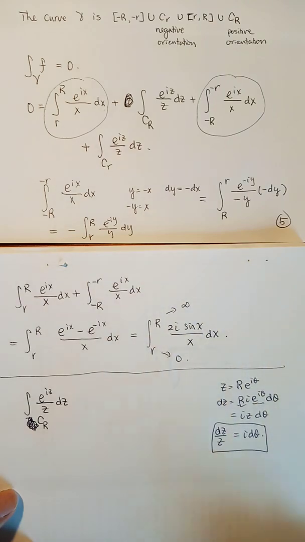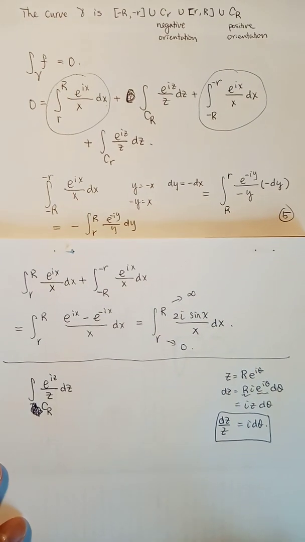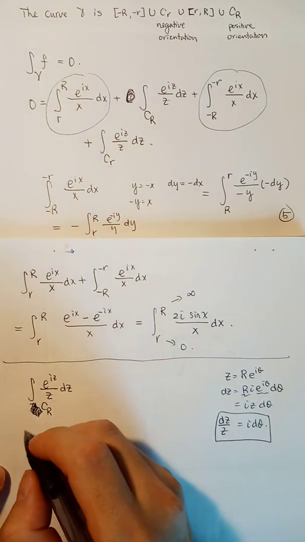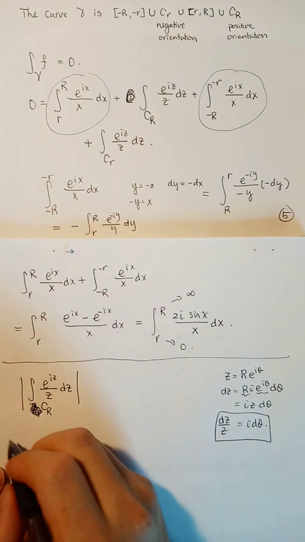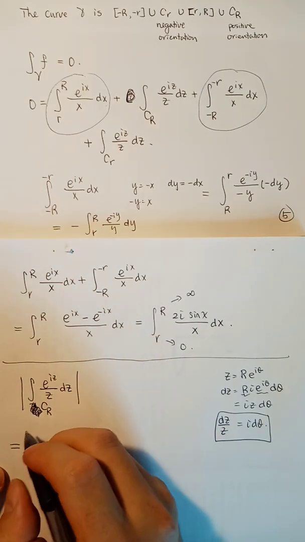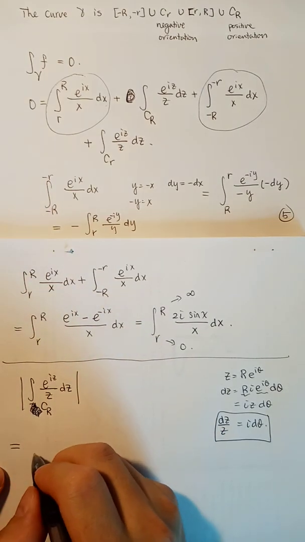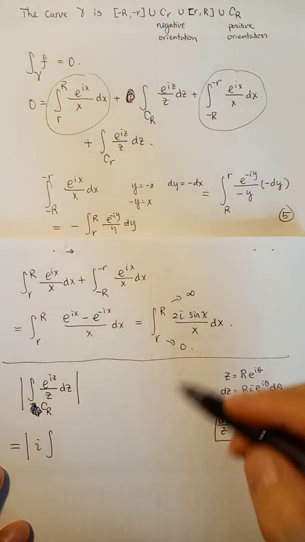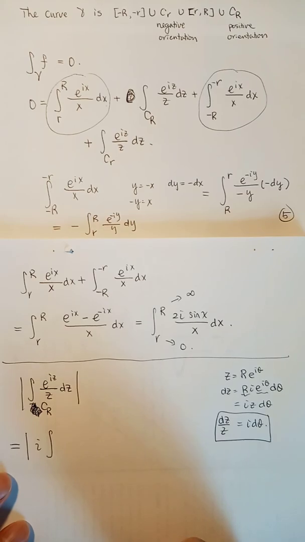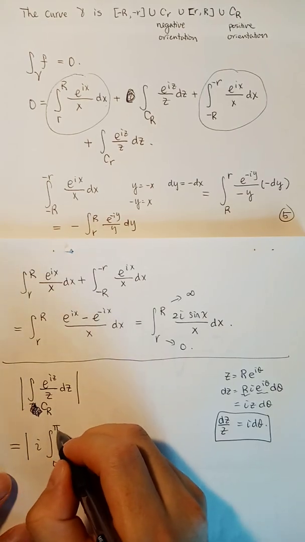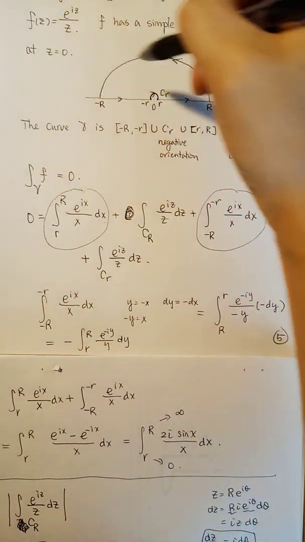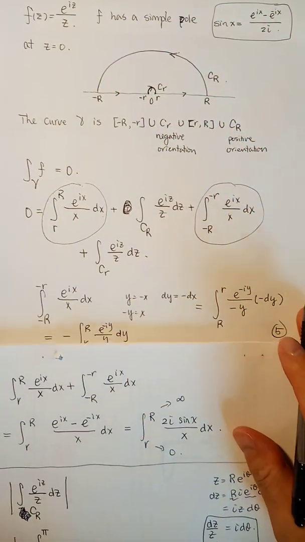This is a fixed setting. So if we put in absolute values, it's going to be i times the integral. It's a positive orientation, from 0 to pi. Upper semicircle, the argument is always from 0 to pi.